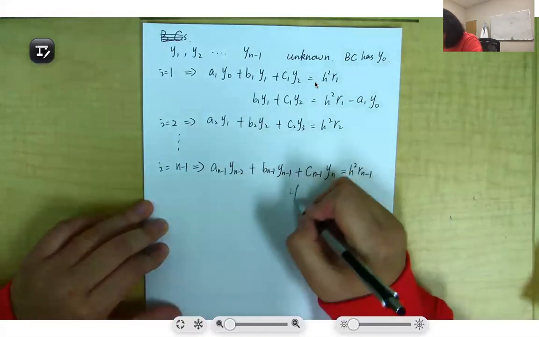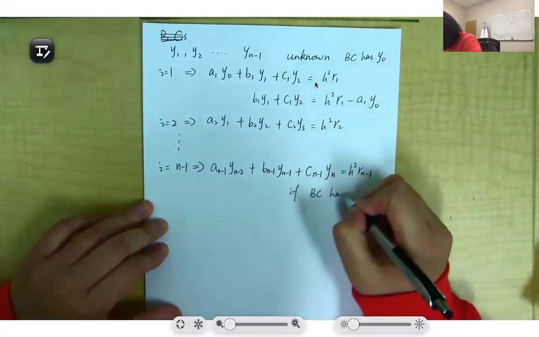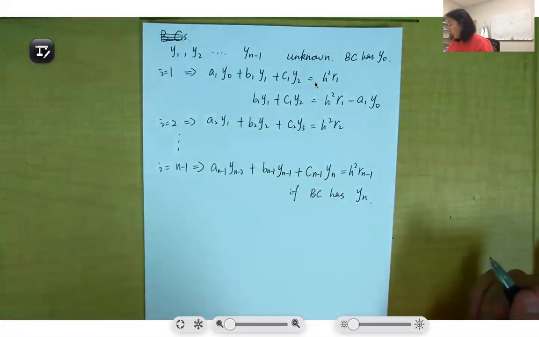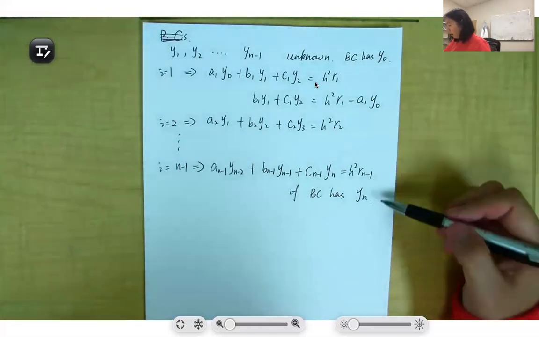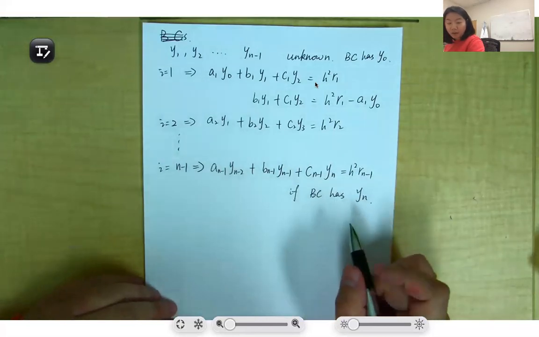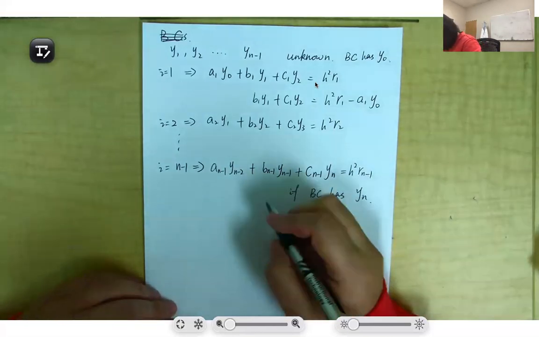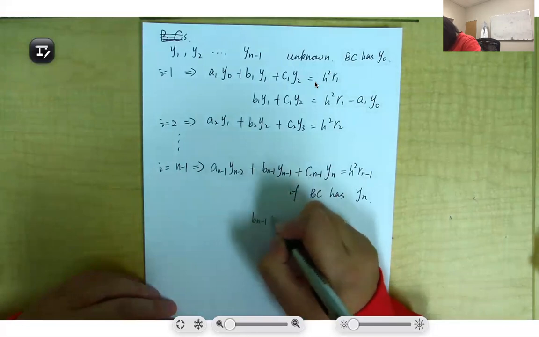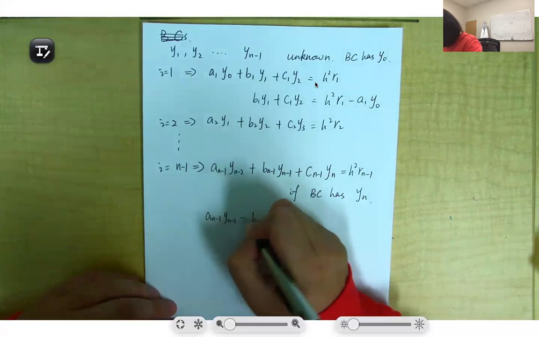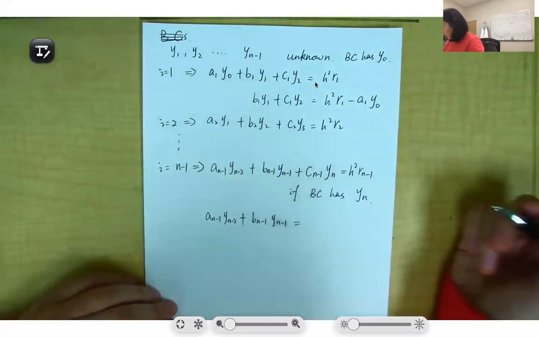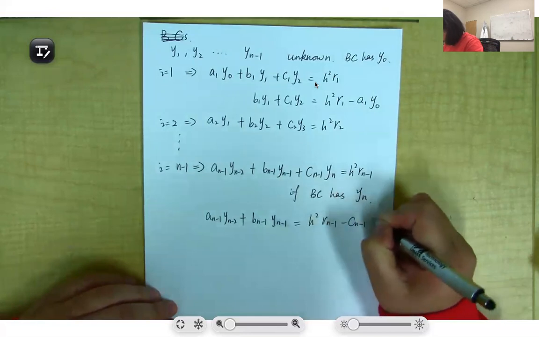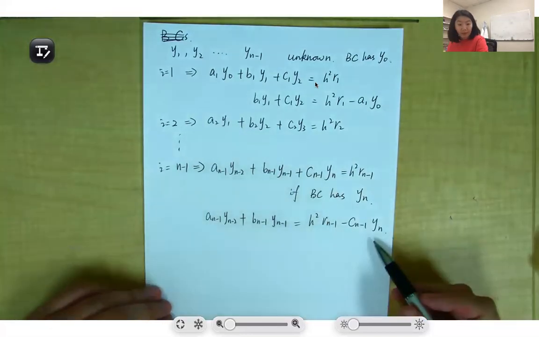And if your boundary condition has yn, for example, you have the direct boundary conditions y0 and yn, then the final algebra equation becomes a n minus 1 y n minus 2 plus b n minus 1 y n minus 1 equals h squared r n minus 1 minus c n minus 1 yn, because you know what yn is, okay?